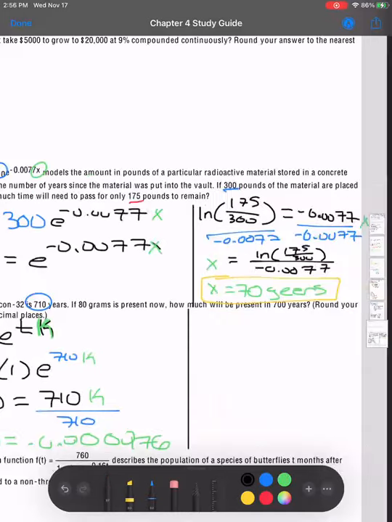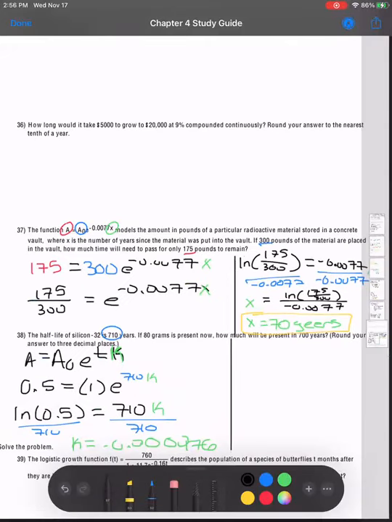And then you're going to do another equation. So you're going to have another A equals A naught e to the power of tk. So now you're trying to find the final amount of A. So A is what we're solving for. A naught is going to be the 80 grams because that's what we're starting with. So we're going to have A equals 80, and then e to the power of t.